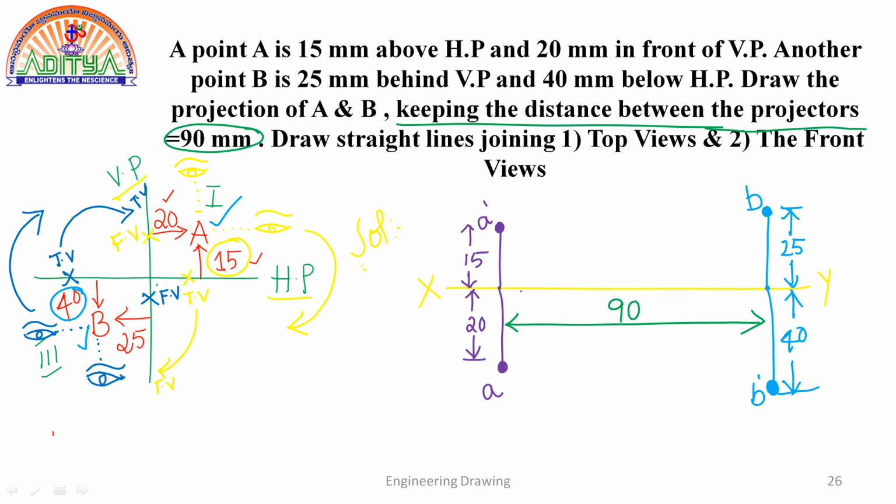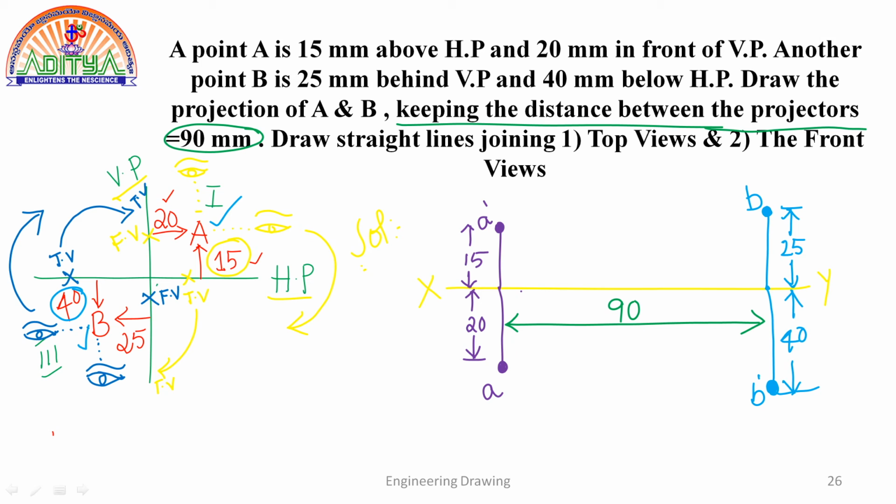So we have taken points A and B. After that, we drew the projections, and those points A and B were in the first and third quadrants. So we need to draw the projections in first angle and in third angle. A is a point whose projections are in first angle projection.